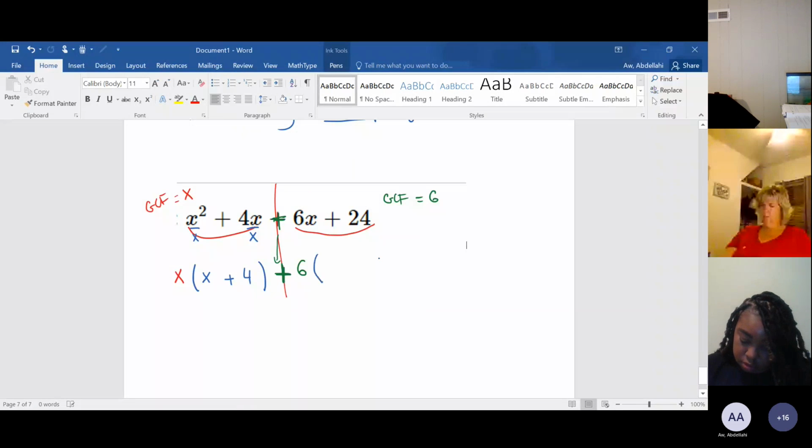What is 6x divided by 6? 1x. What is 24 divided by 6? 4. Do you see magically who came out? The blue parentheses.